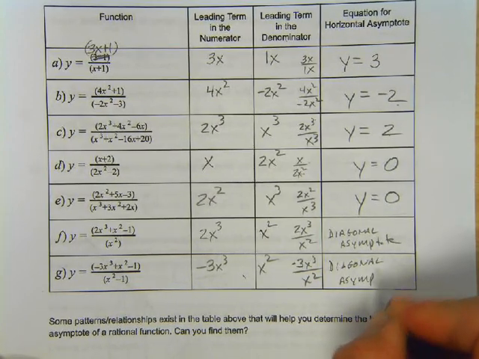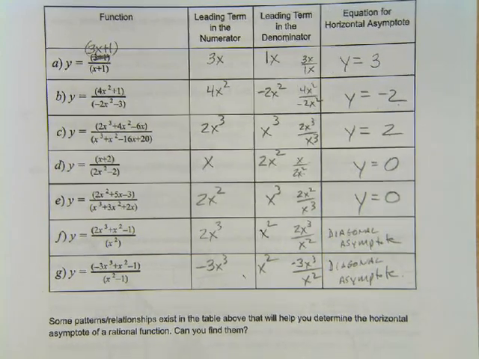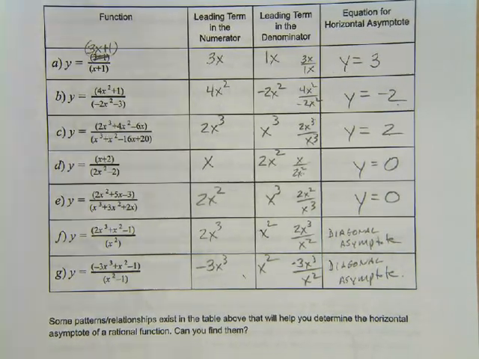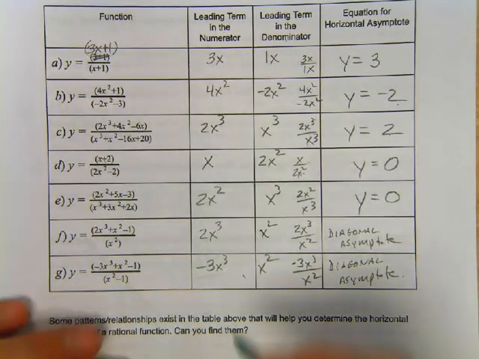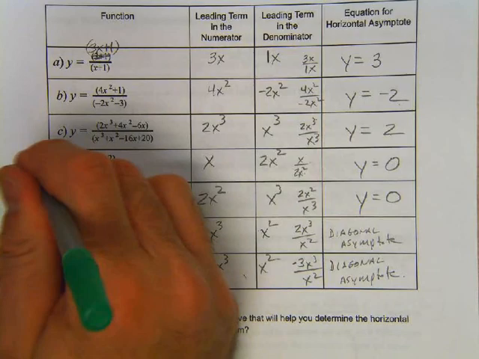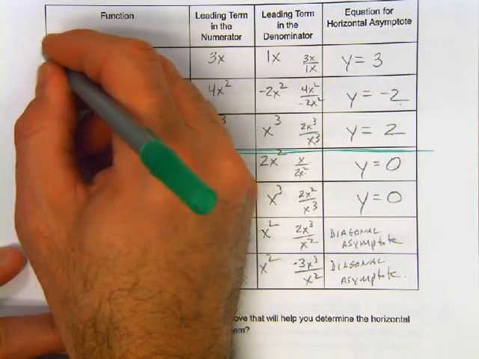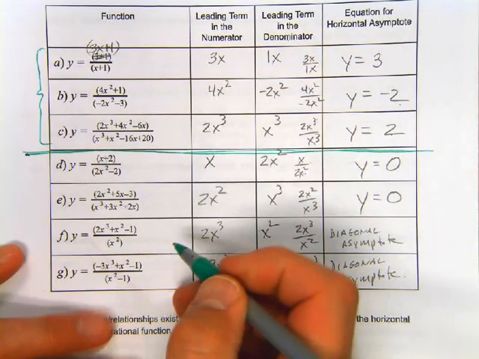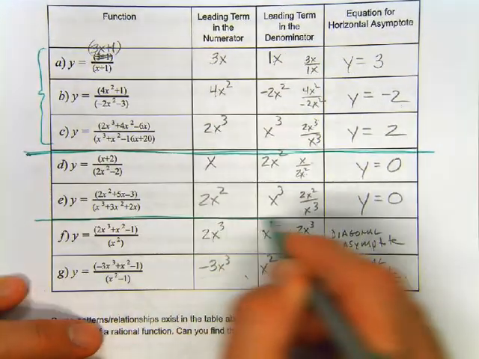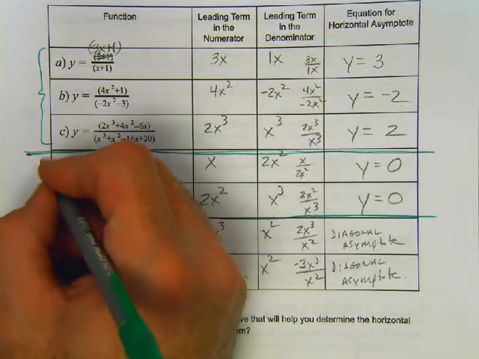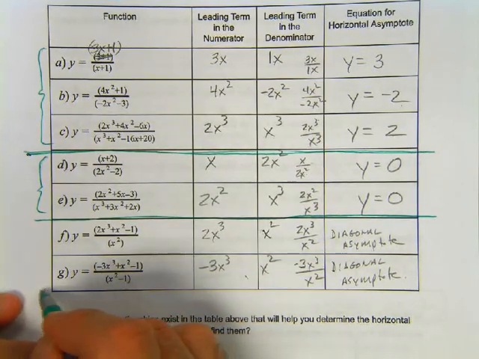Well, I see 3 different horizontal type asymptotes, 3 different cases. I see case A, B, and C. I see case D and E, and then F and G. What sort of patterns do you notice?